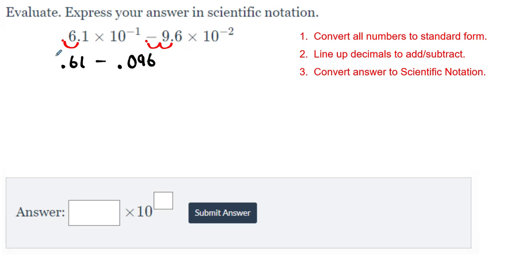And again, you could put zeros in front or you could leave them out. It doesn't matter. Okay, so I'm going to put decimal 61, and then I'm going to subtract the number underneath. So I'm going to put decimal 096.